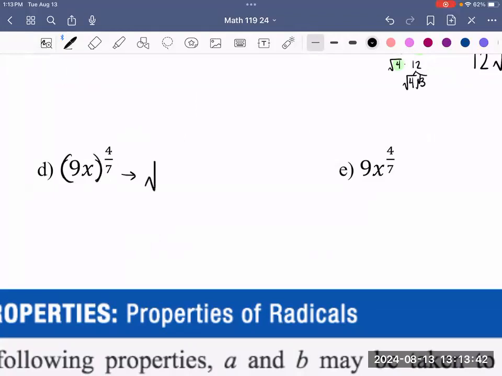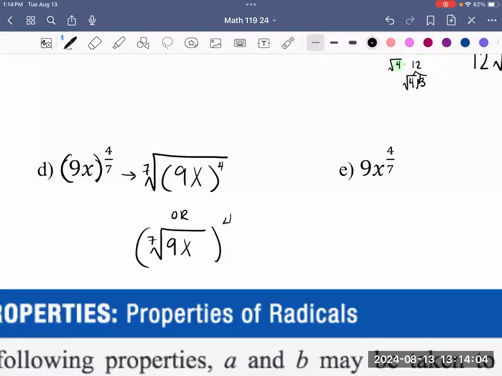So that means this whole thing will have a 7th root, and on the inside, a 9x to the 4th. And then if you wanted, I'm sure you can distribute that in. You could also rewrite it as the 7th root of 9x, all being raised to the 4.